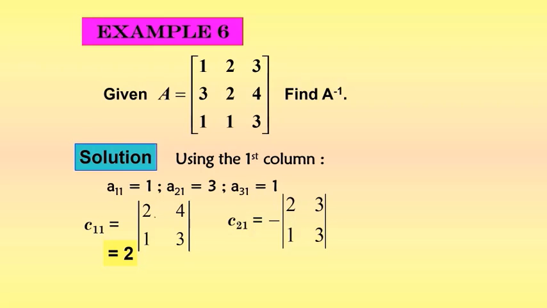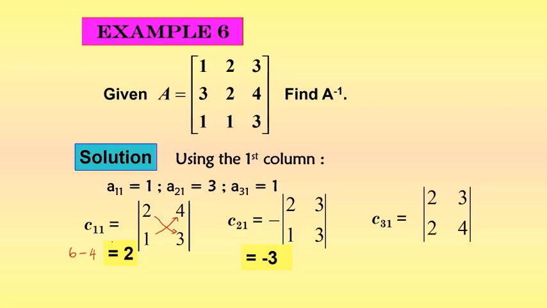In order to find the value of cofactor C11, you have to use 2 times 3 minus 1 times 4. So we have 6 minus 4, so we have 2.